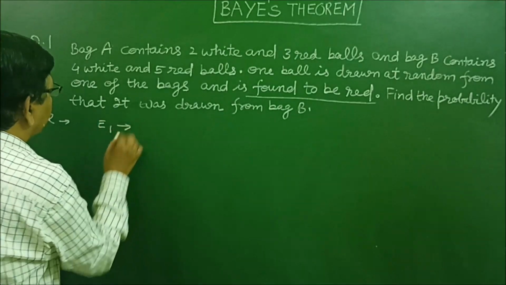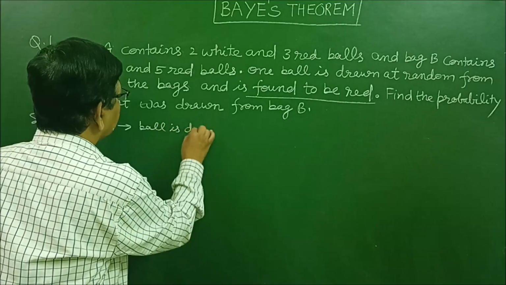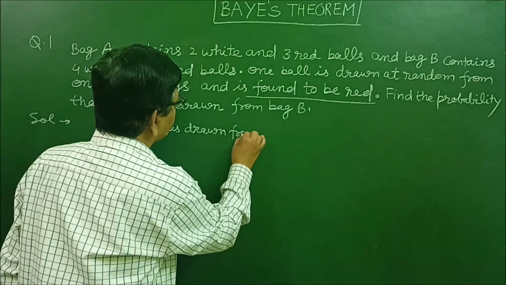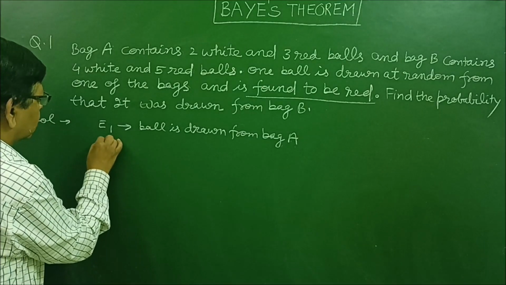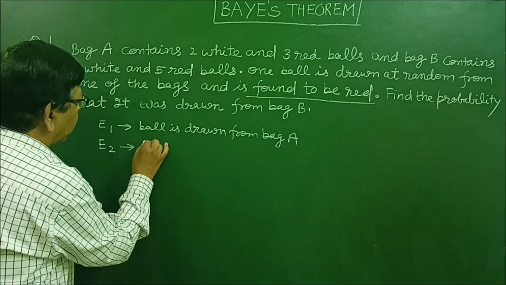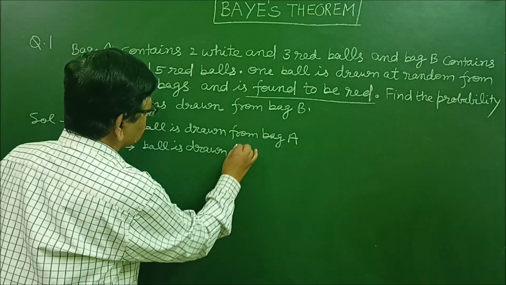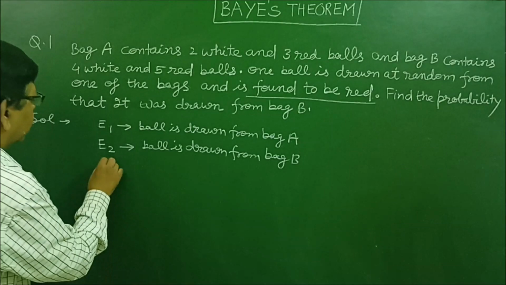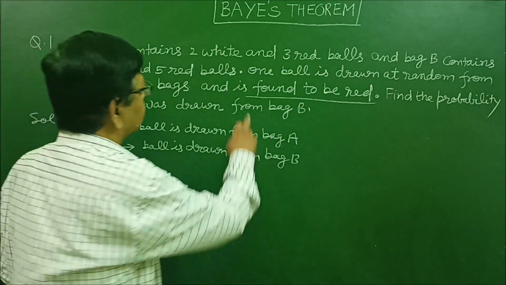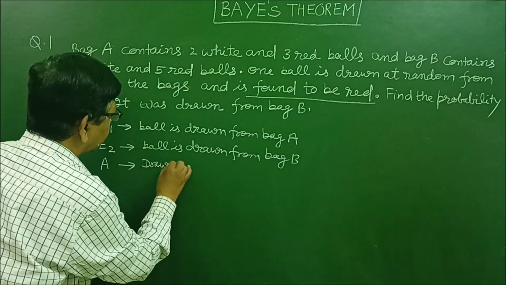Let the event E1 be: ball is drawn from bag A. E2 is the event: ball is drawn from bag B. Event A is that the drawn ball is red.